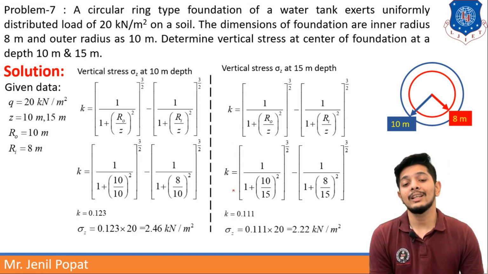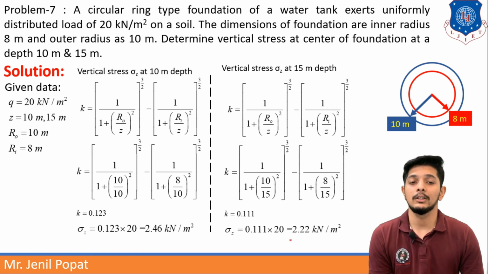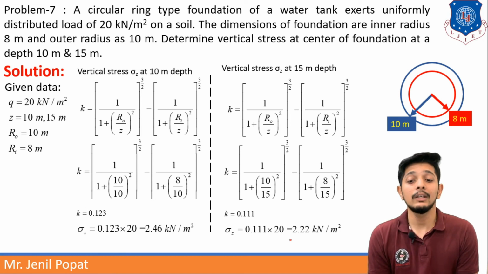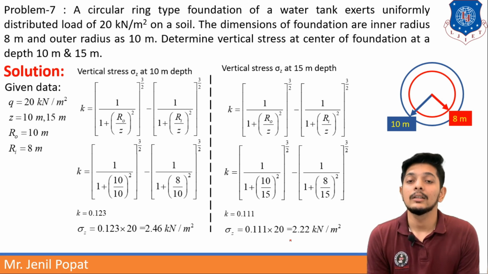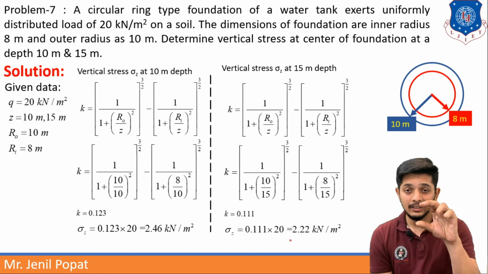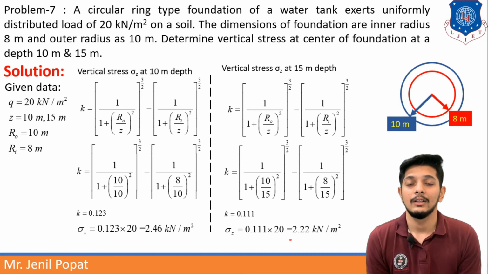So I am finding out stress value 0.111 into Q. That will make it 2.22 kilonewton per meter square. So we should understand that at 10 meter depth vertical stresses are more, but at 15 meter depth vertical stresses are less. So it clearly shows that as the depth increases, stresses will get decreased, like a pressure bulb.